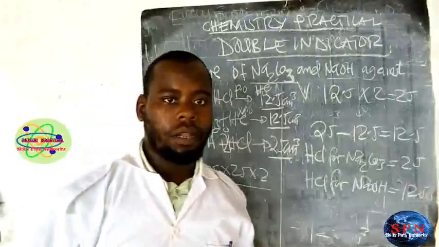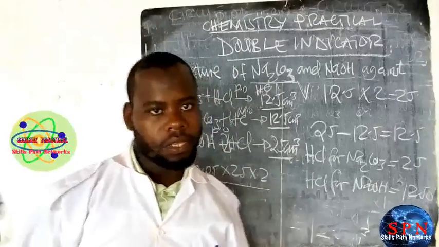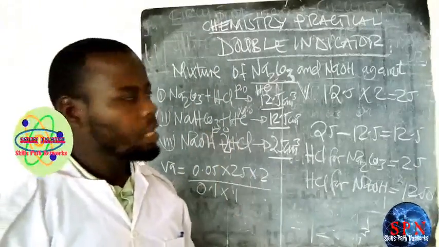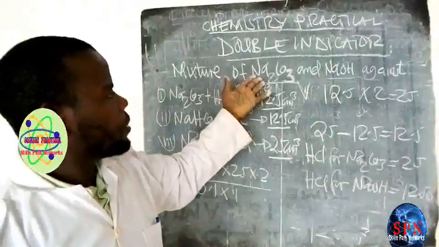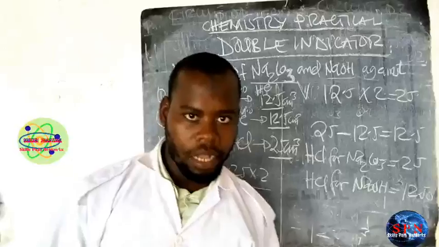That is how you calculate the volume of hydrochloric acid for the double indicator of sodium carbonate and sodium hydroxide against the hydrochloric acid.